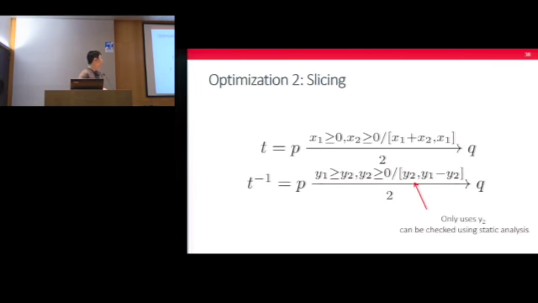In this example, the transition T reads 2 characters and outputs 2 characters. But if we want to recover the character x1, we only need the output character y2. So we can invert the transitions in parallel for recovering x1 and x2, and the SyGuS problems only involve a smaller set of variables.